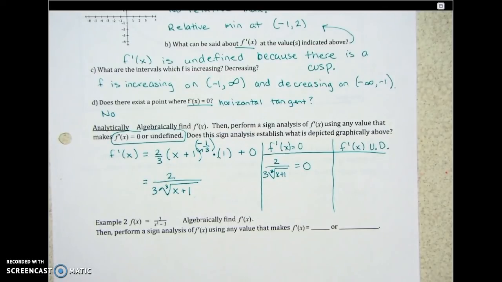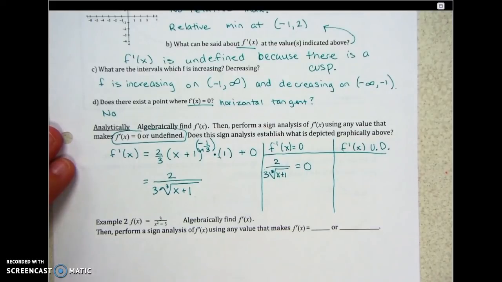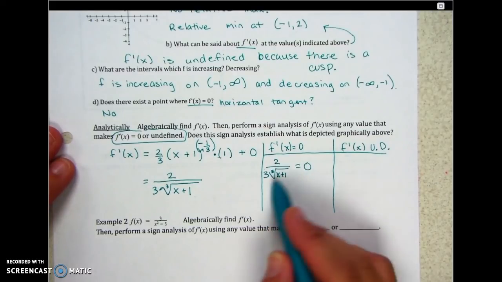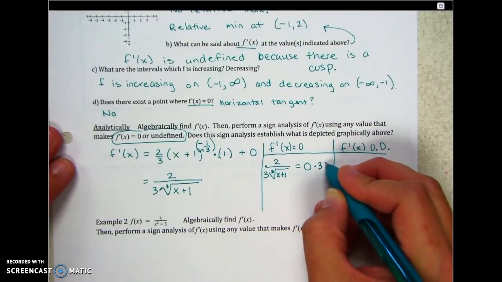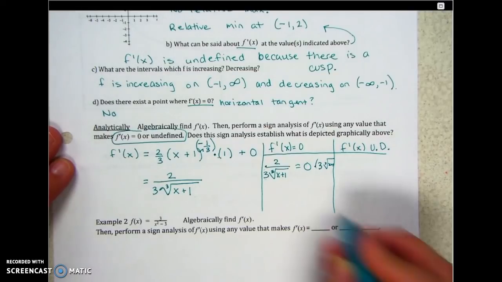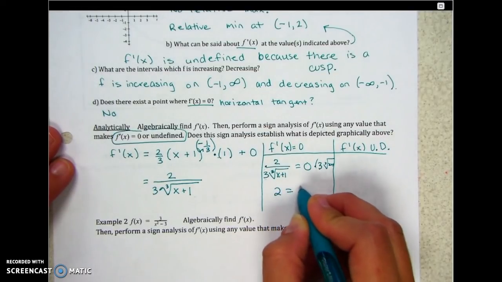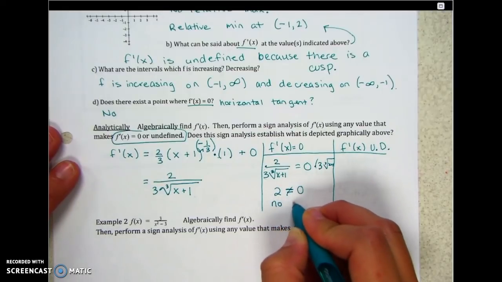What should we do with a fraction? When a fraction is set equal to 0, we multiply both sides by this denominator. It would cancel, right? It would divide out. And what happens when we multiply this denominator by 0? 0. Hey, does 2 ever equal 0? No, so no solution.